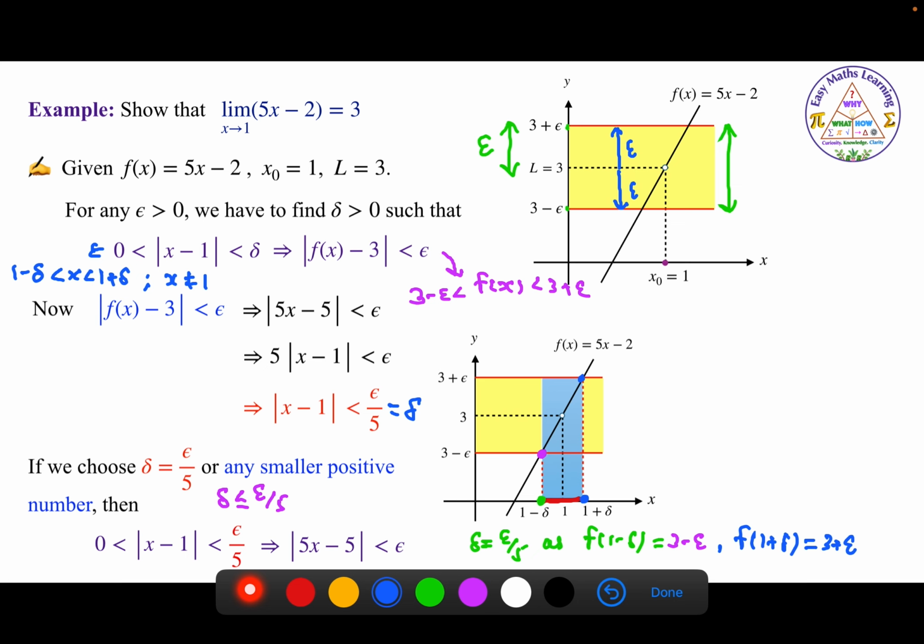So we can say for x between 1 minus epsilon by 5 and 1 plus epsilon by 5, function values are inside the vertical yellow band, between 3 minus epsilon and 3 plus epsilon.